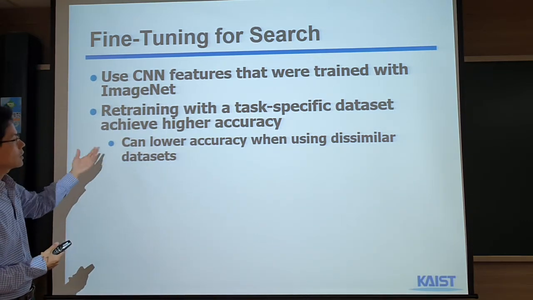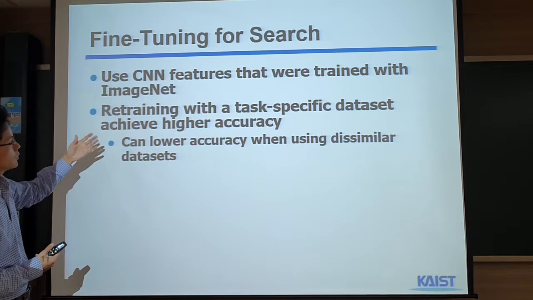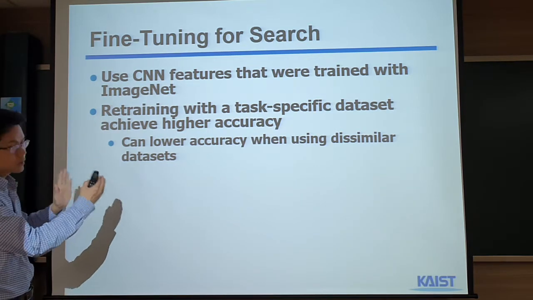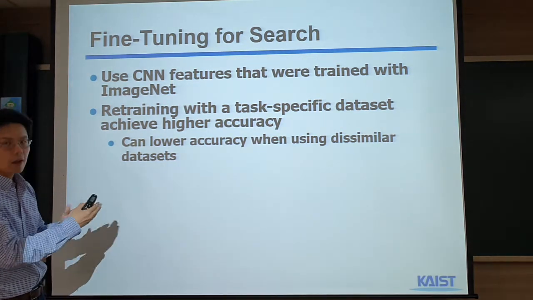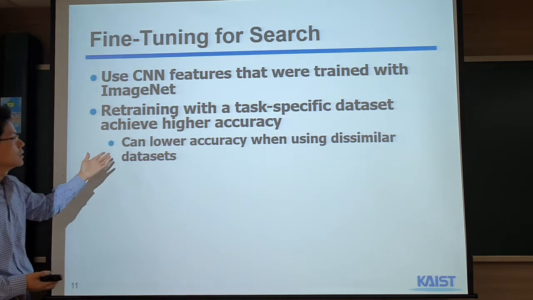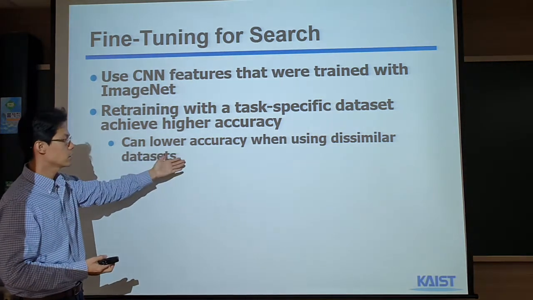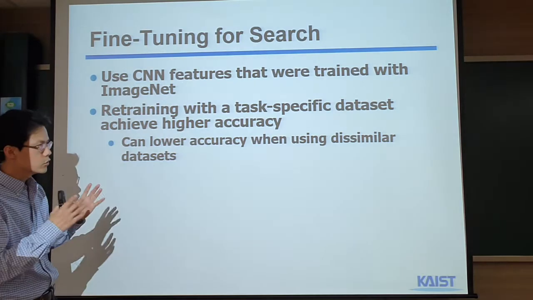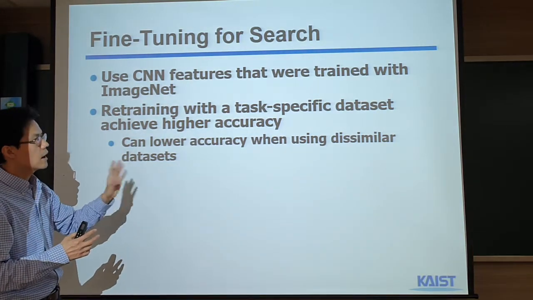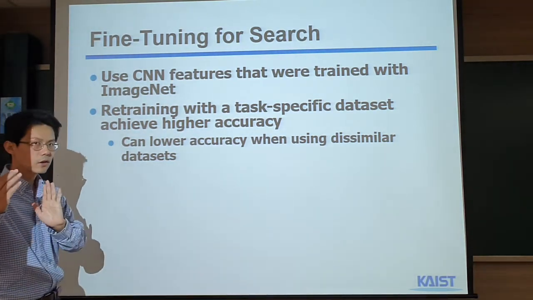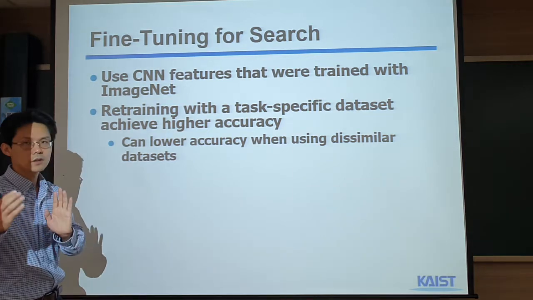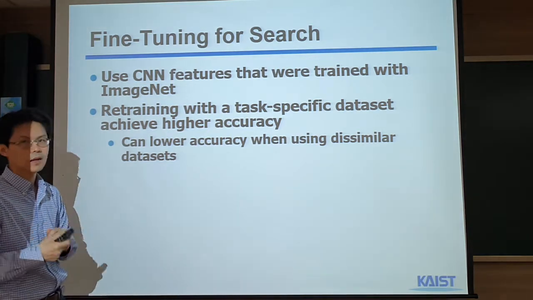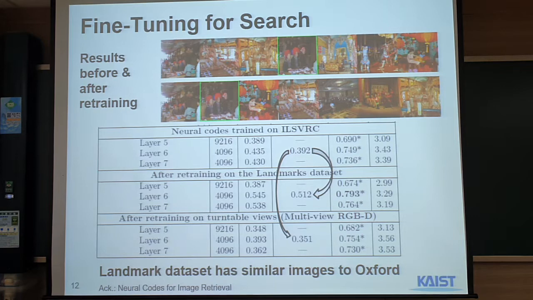They also identified that if we retrain the network with some other irrelevant data set, they get a lower accuracy. So it's very important to utilize a data set that is aligned with your target task, also the target data set. Here is the result after retraining, in other words, the fine tuning.